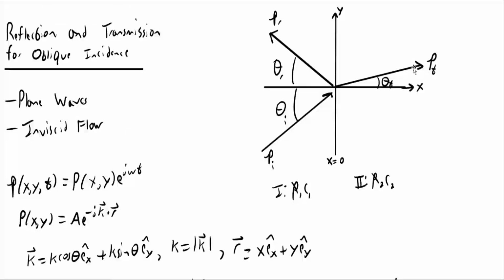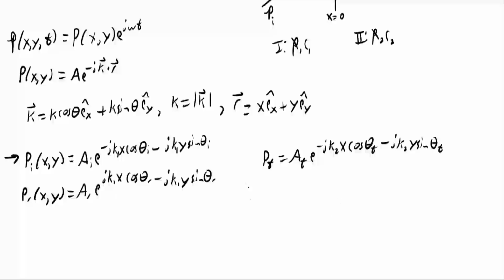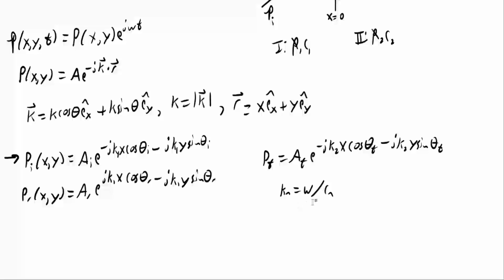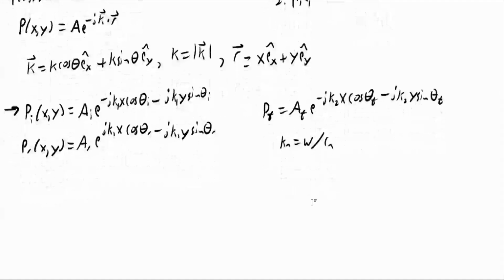And once again, this is going up and to the right based on the picture I've drawn. So they're both negative. And finally, I'm going to write that k sub n, either 1 or 2, is omega, our angular frequency, divided by the speed of sound in each medium. And since we're looking at plane waves, we're only looking at one frequency.